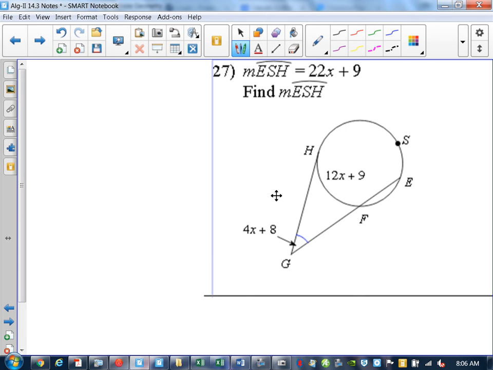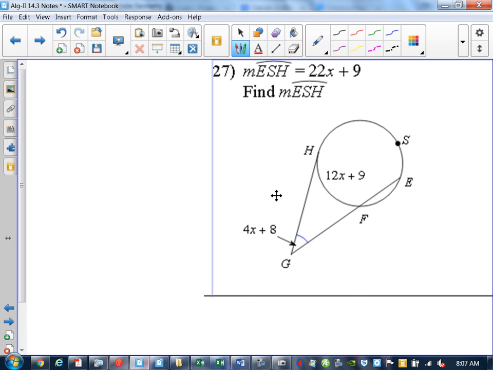This is one of those outside angles, and it runs into two arcs, a close one and a far one. They labeled out for you the angle itself and the close arc, but they did not give you the far arc. You have to write that down. I know we ask a lot.